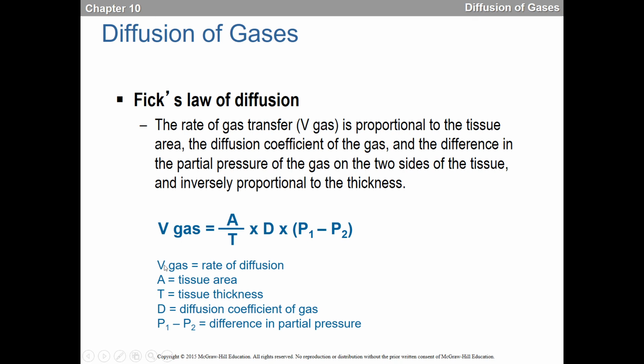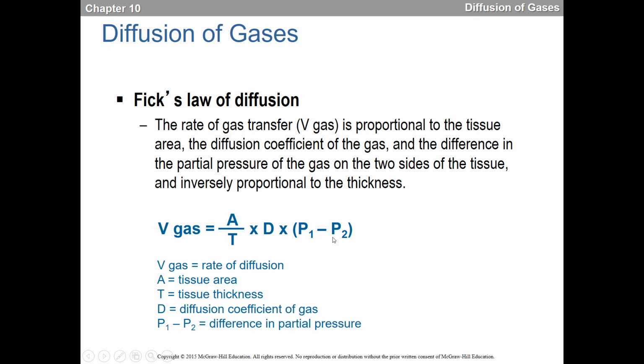So right here, V gas is just the rate of diffusion. Area, that's the area there. How thick the tissue is, the diffusion coefficient, which is likely a constant for whatever particular gas it is. And then here it's just the partial pressure difference between one end and the other end.